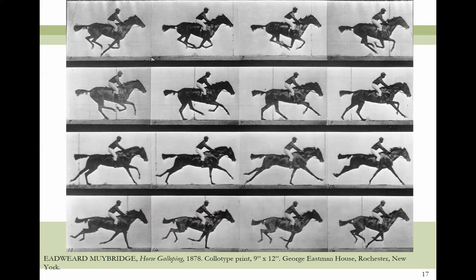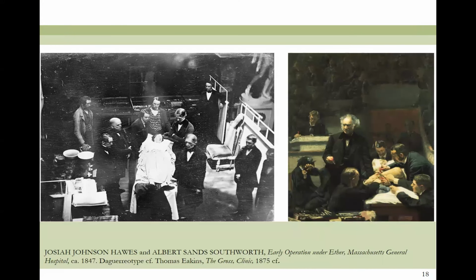Eadweard Muybridge made many, many developments in photography as well as in understanding even science. People didn't understand how horses, when they galloped, had all 4 feet off the ground until he published his photograph books of animals and bodies in motion.